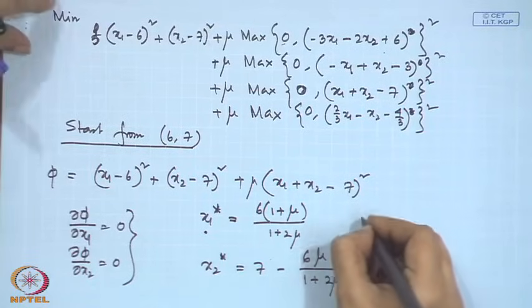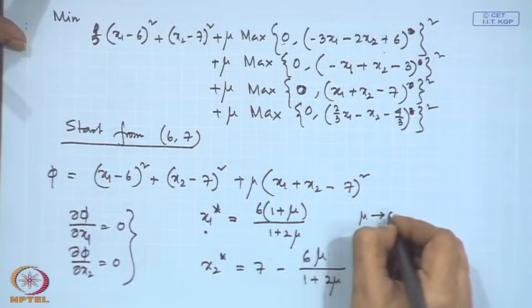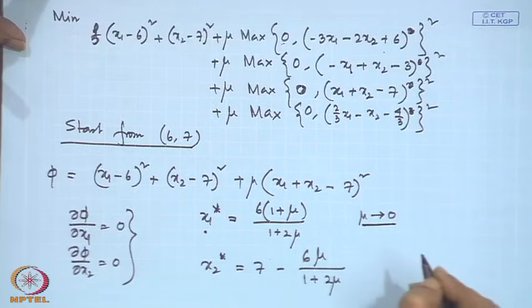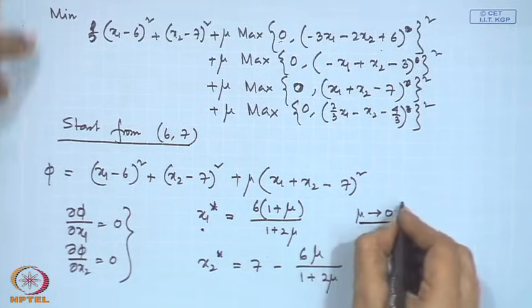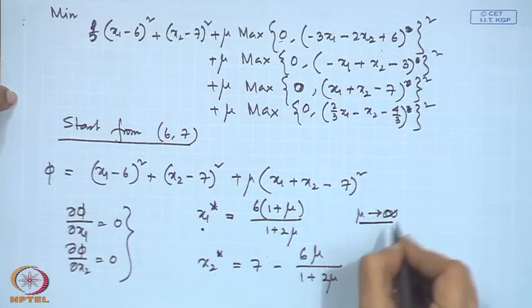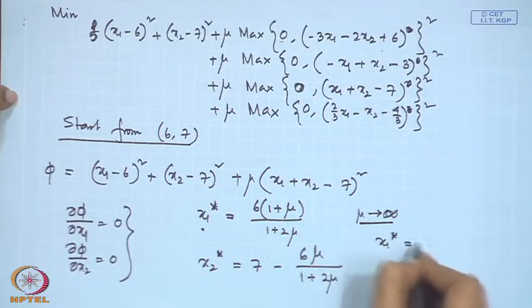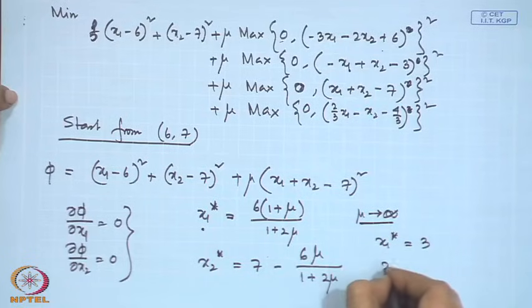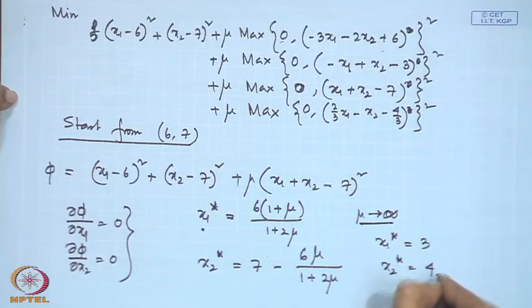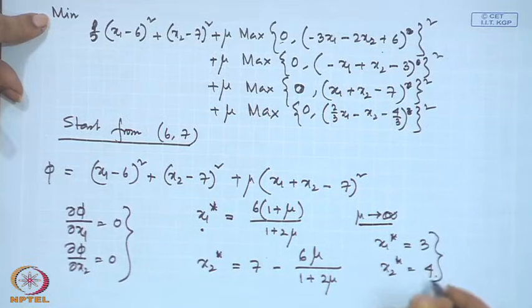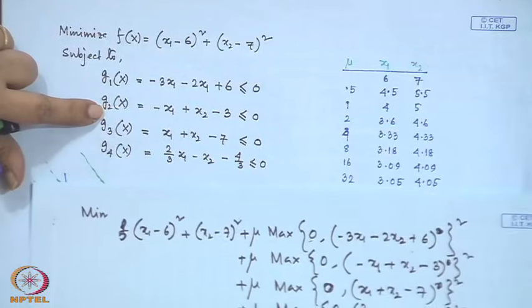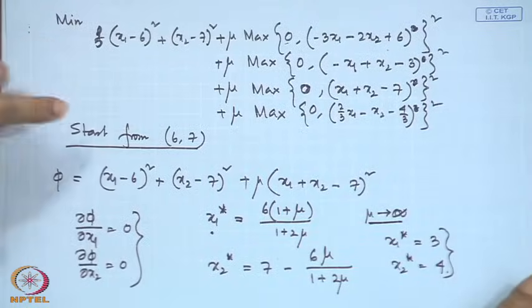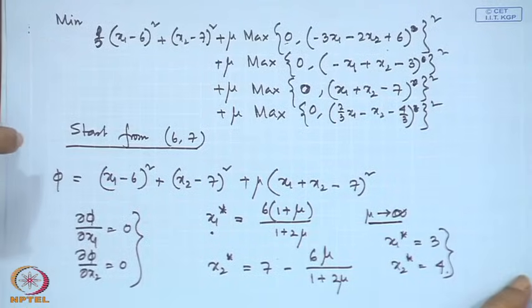And if mu is tending to infinity here, we will get x1 star equal to 3 and x2 star equal to 4. That is the optimal solution of the original problem. So nicely, so easily we are getting it with the exterior penalty function method.